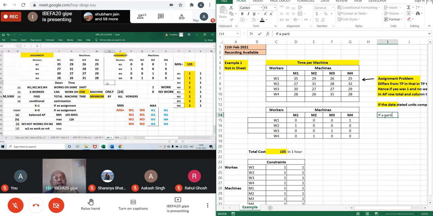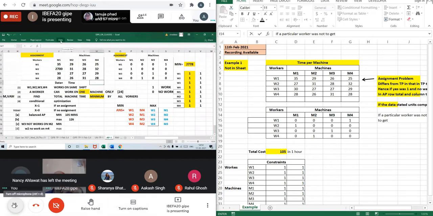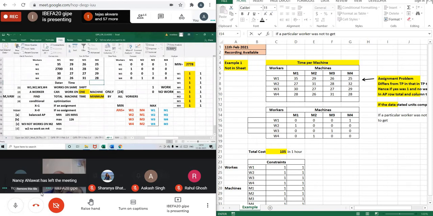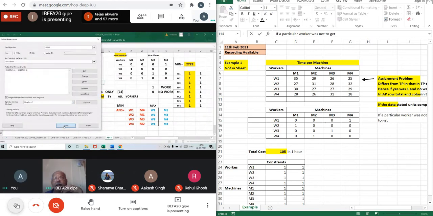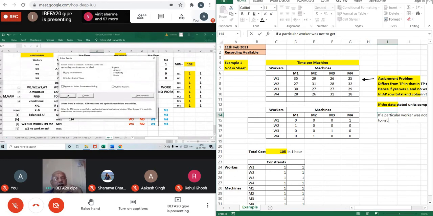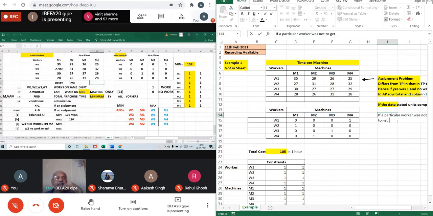Say, for example, worker 2 is not assigned M1. Conditional assignment. We were working on conditional assignment, like the transportation problem, in the last class. What did I say?